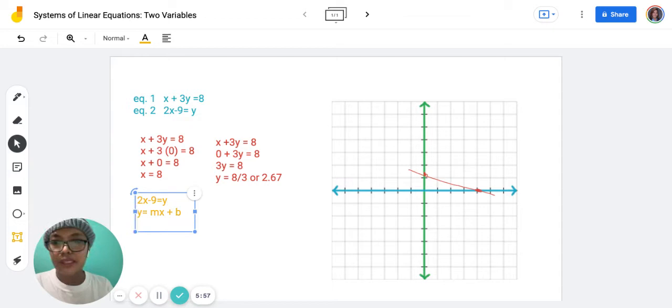So let's just arrange everything. So that is y is equal to 2x minus 9. Then we identify the value of m, which is 2, or 2 over 1.